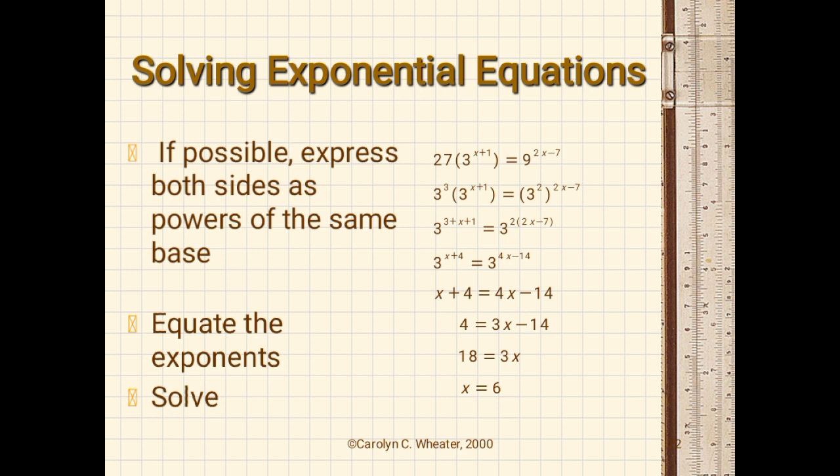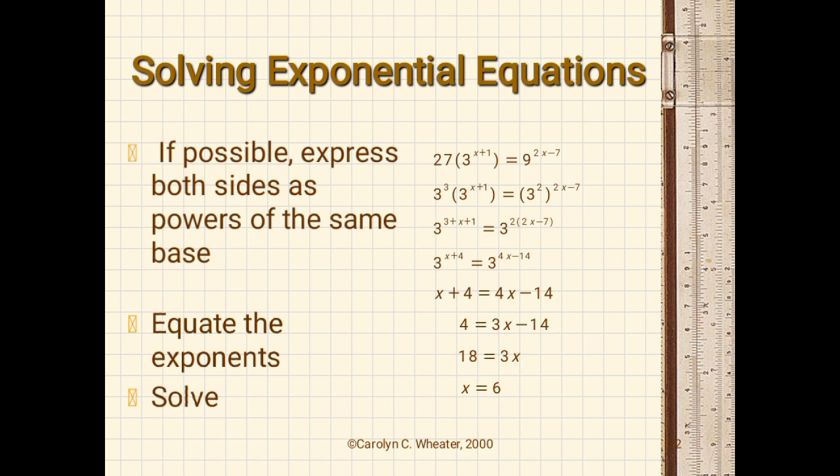So 3 raised to the power of 3 plus x plus 1 is equal to 3 raised to the quantity of 2 times 2x minus 7. The exponents are combined, so we add on the other side too. So it becomes 3 raised to the power of x plus 4 is equal to 3 raised to the power of 4x minus 14.